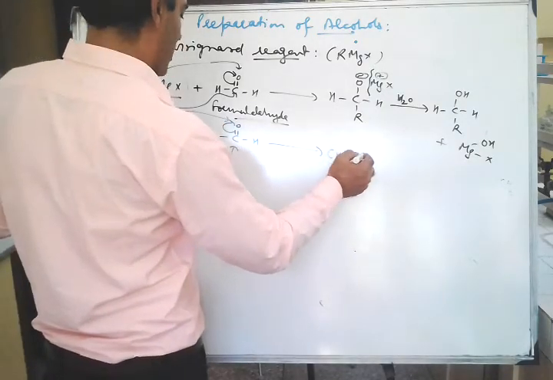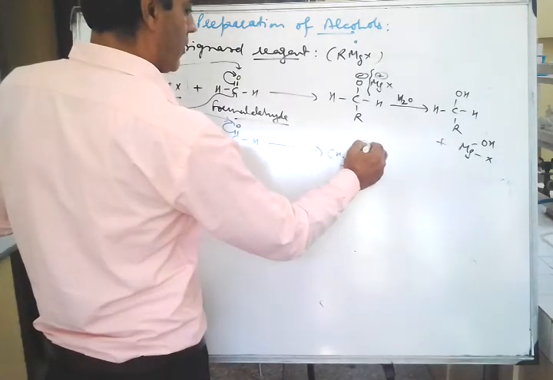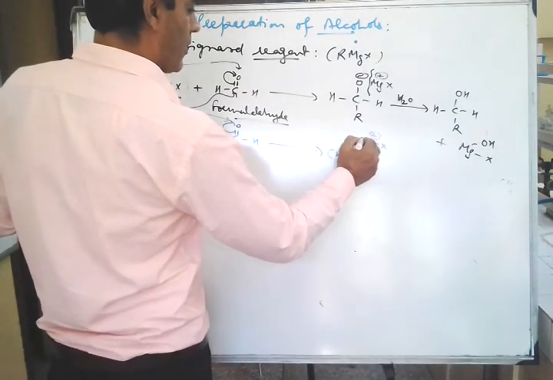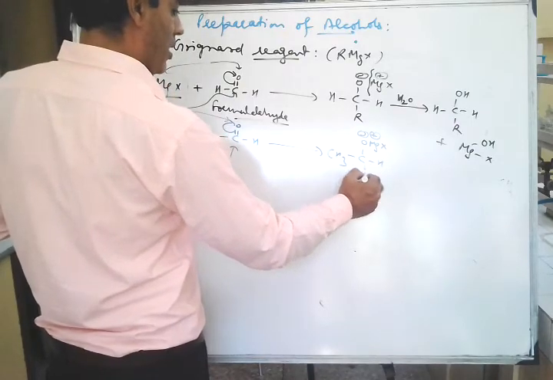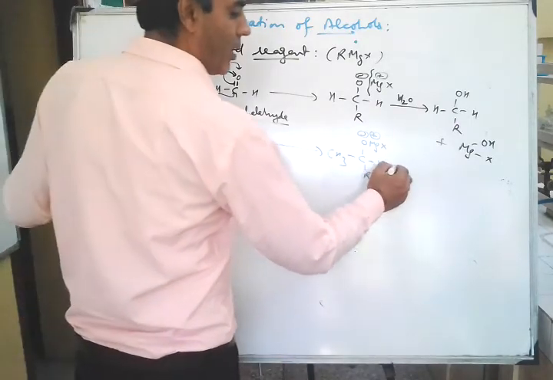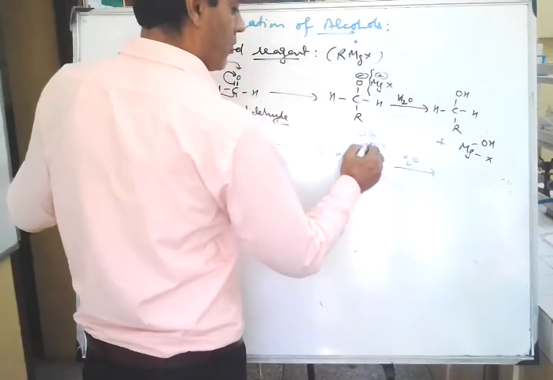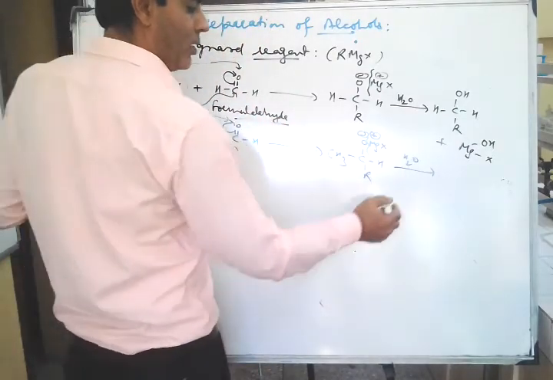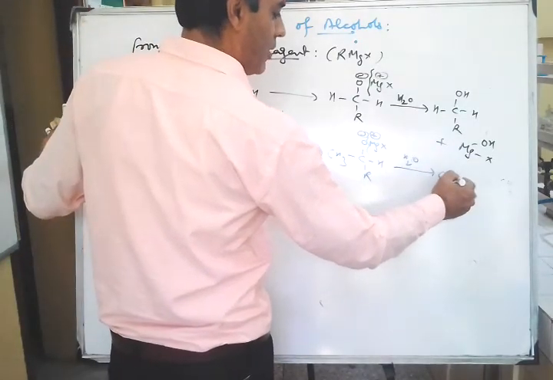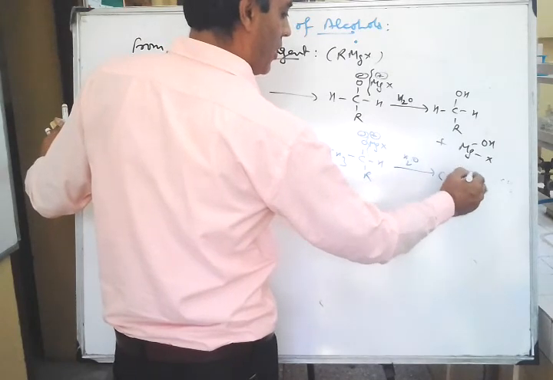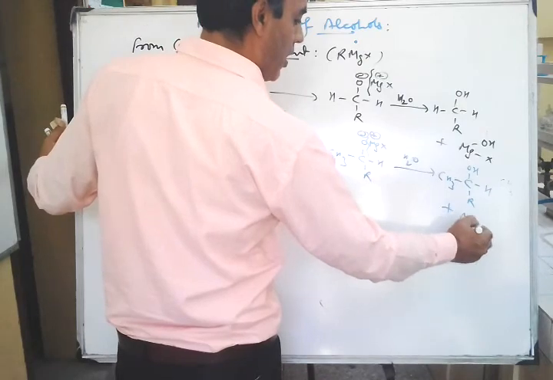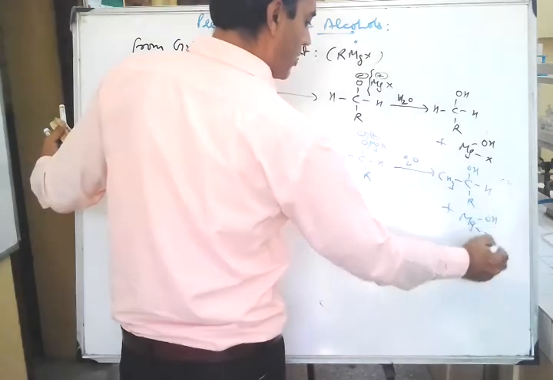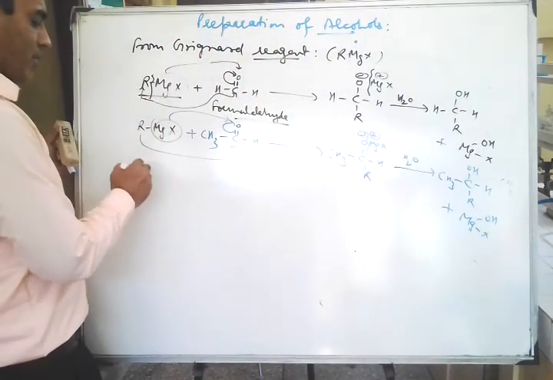So the reaction is the same. Here O negative MgX, and then here is H and here is R. So again reaction with water. This ionic bond will break, and then you write CH3R, and here is OH, H, plus MgXOH.